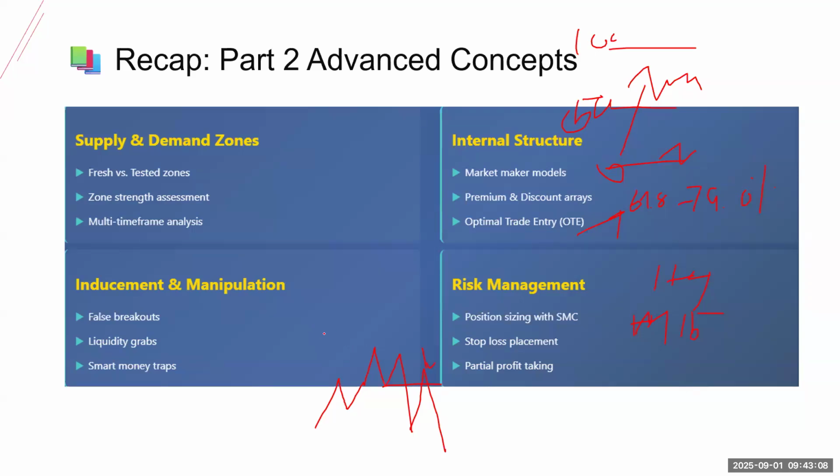This is gonna be within the H4, for example, the supply zone. If price pulls back, your stop loss is just slightly above this swing high or above the zone.